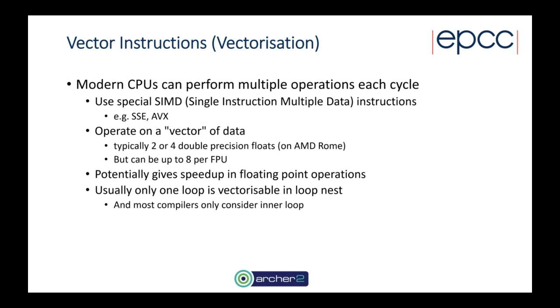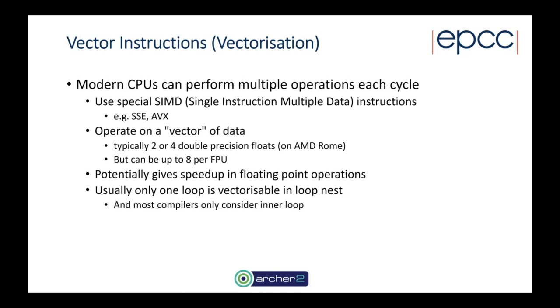And yeah, as it says here, typically what we do is the single instruction operates on a vector or a set of vectors of data, which contain more than one data entry. So could be two, could be typically 4 double precision floating point numbers for these AMD processors on Archer 2.